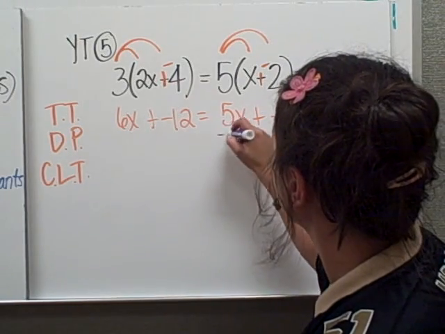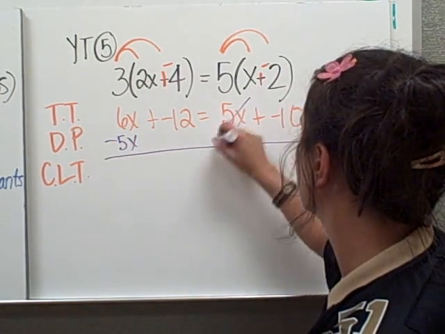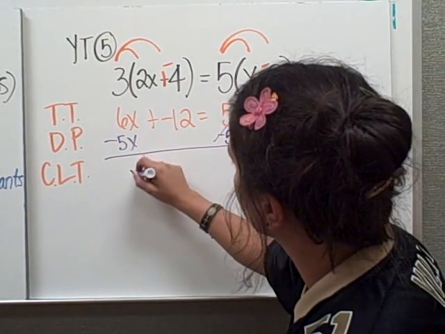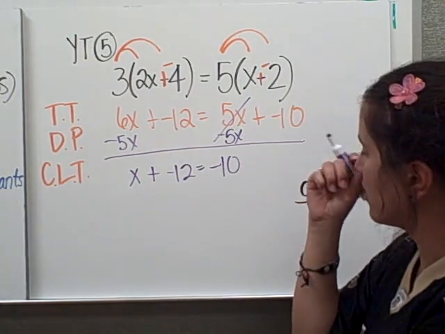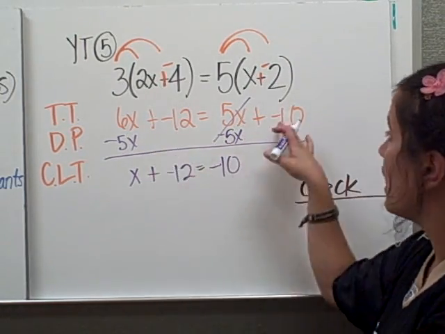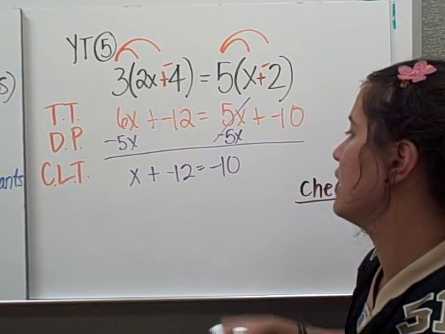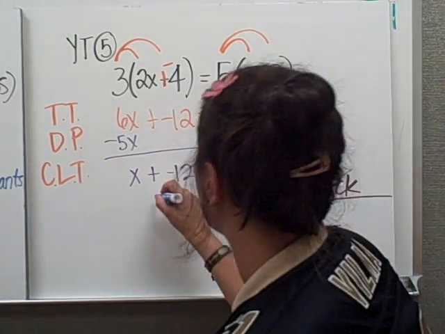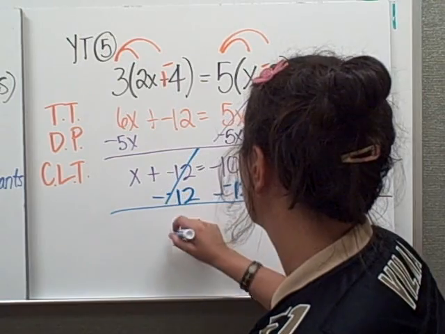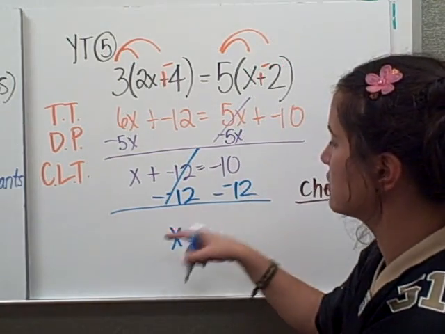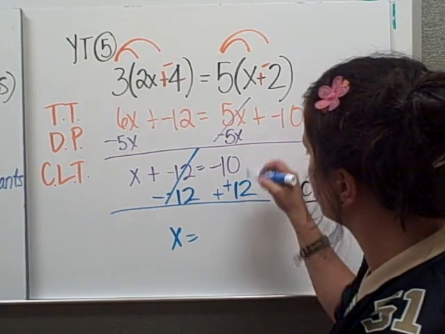This is plus 5x, so I'm going to minus 5x. 6x minus 5x leaves me with 1x, and then I bring everything else down, my plus negative 12, and then my negative 10. I now want to move my negative 12 over, so I'm going to have to minus negative 12. I bring down my x, and then I have negative 10 minus negative 12, which is going to be 2.